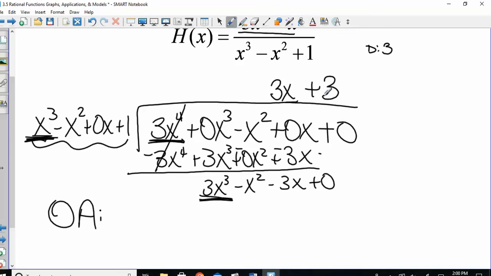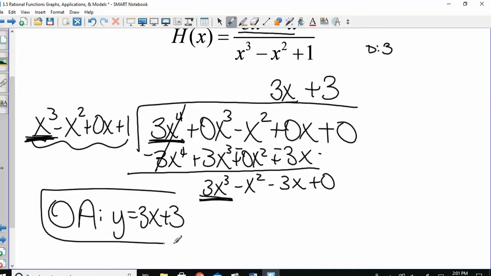Notice, we wanted y equals mx plus b, 3x plus 3. That's all I need. I don't have to finish the long division. So my oblique asymptote is y equals 3x plus 3. Did I lose anybody there?